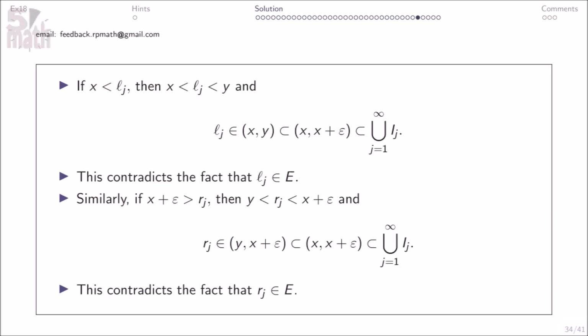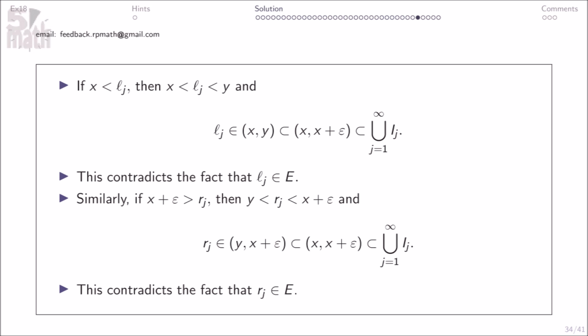If x less than L of j, then x less than L of j less than y and this. This contradicts the fact that L of j in E. Similarly, if x plus epsilon greater than I of j, then y less than I of j less than x plus epsilon and this.